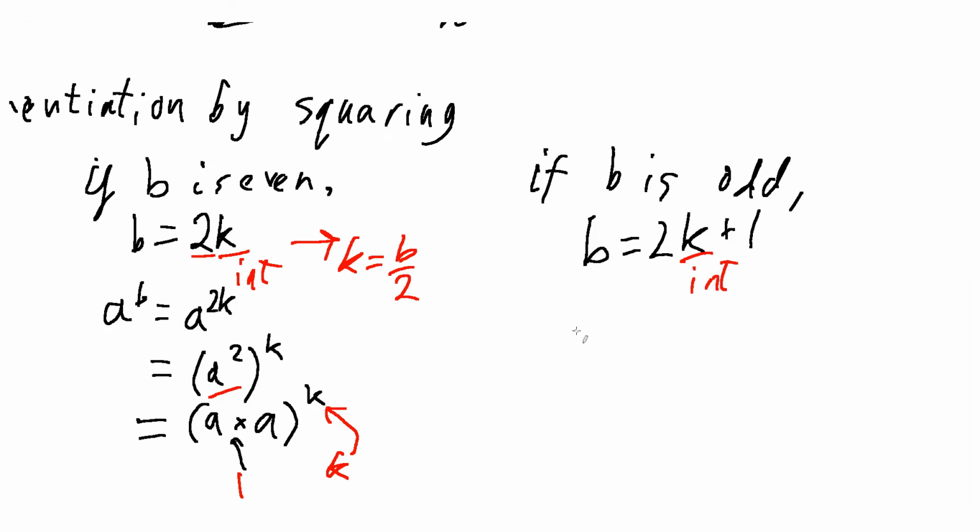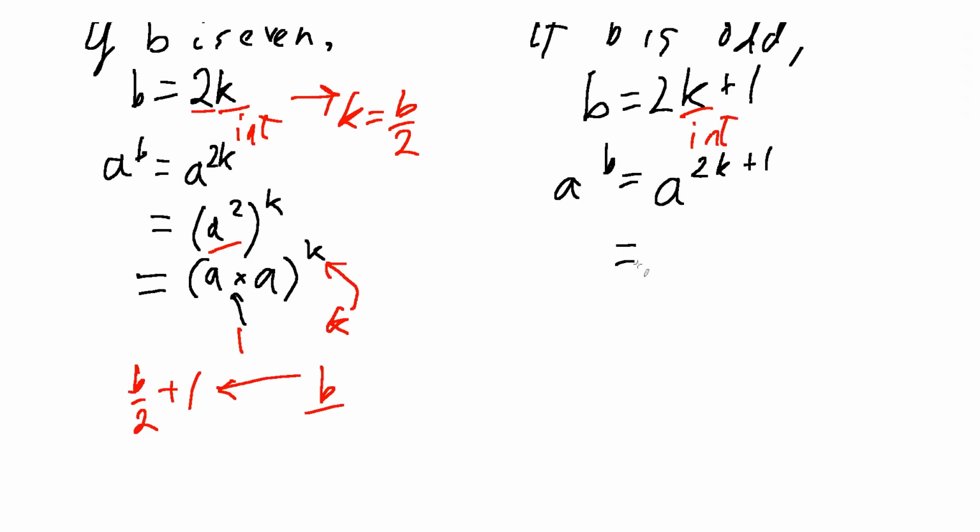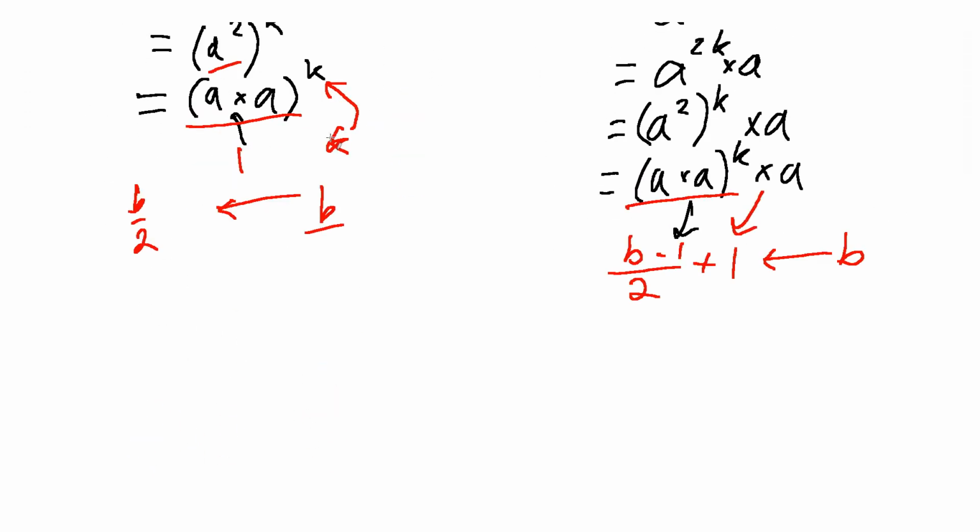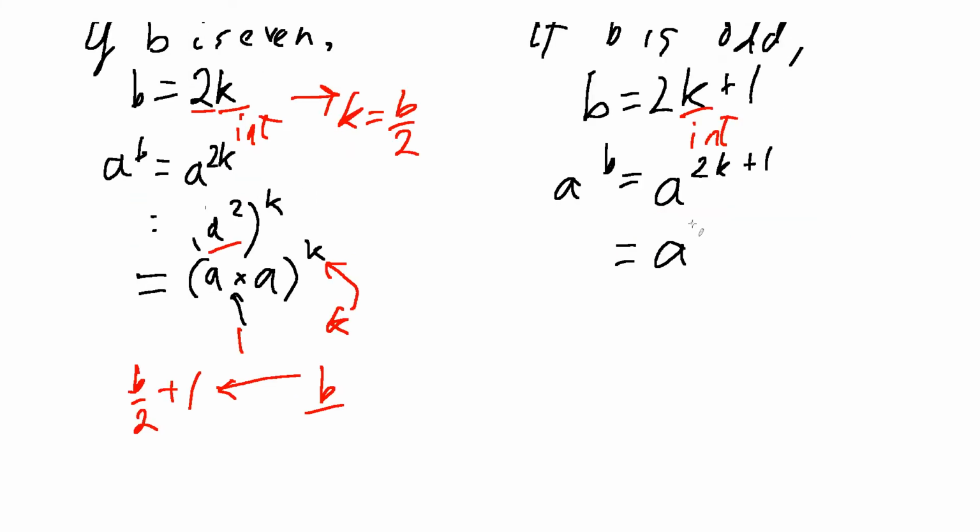So we can prove that a to the power of b is equal to a to the power of 2k plus 1. Now, if we apply some exponentiation rules, this will become a to the power of 2k times a.